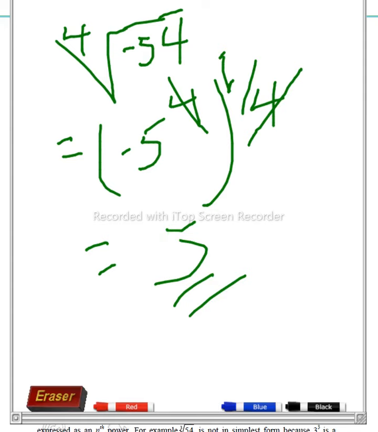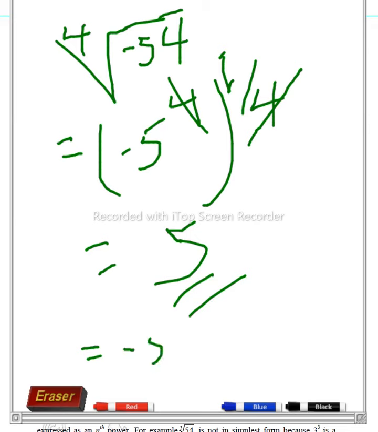When a number under a radical has an even power, the result will be positive.